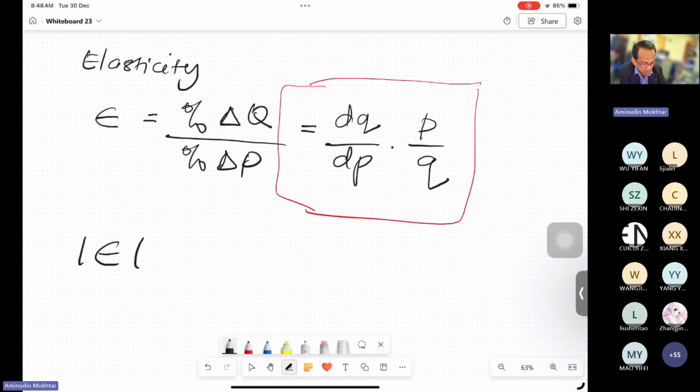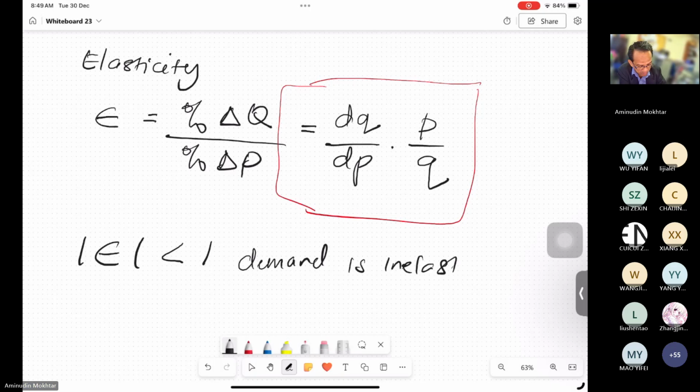In general, when the value is less than 1, we say that the demand is inelastic. The demand is inelastic when the absolute value of E is less than 1.